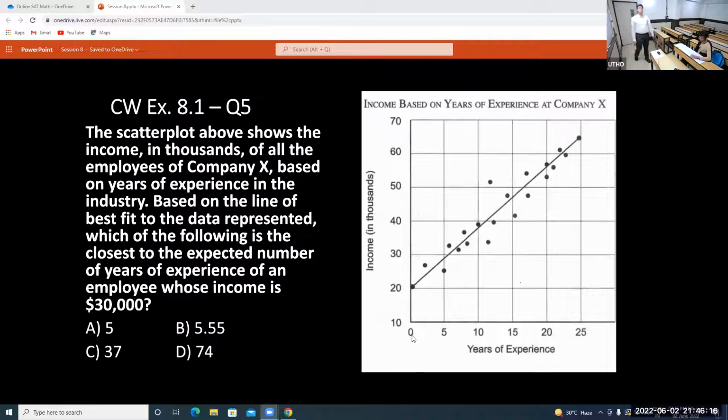A very simple problem. Read it, 1 minute's time. I don't think there is anything to be solved. थोड़ा ध्यान से करोगे तो हो जाएगा. Question number 5 from there. Income based on years of experience at company X. ये SAT problem है.